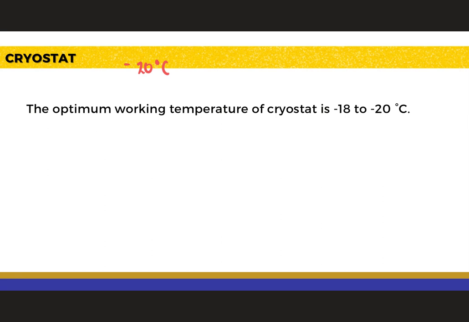Please remember that the optimum working temperature of your cryostat is between negative 18 to negative 20 degrees Celsius. The majority of sections can be cut in isothermic conditions where the temperature for sectioning can be accurately established and controlled.